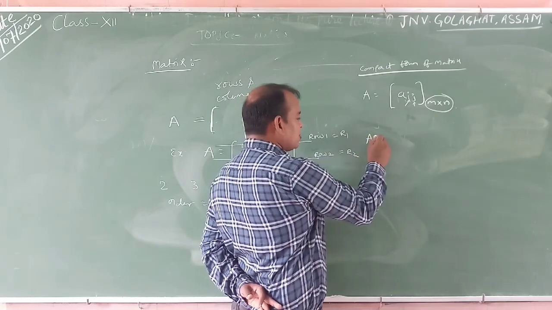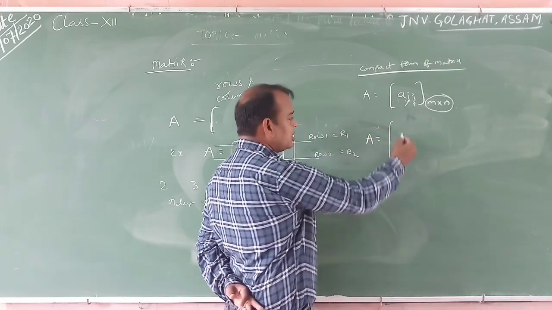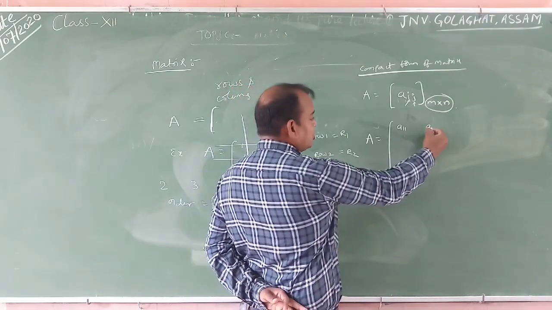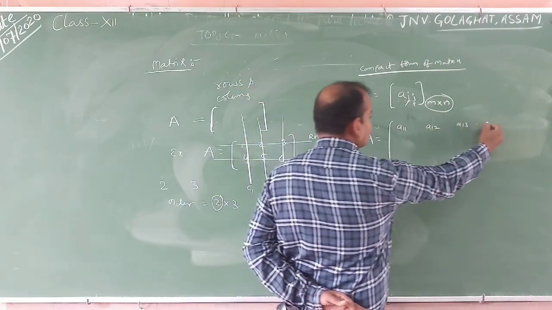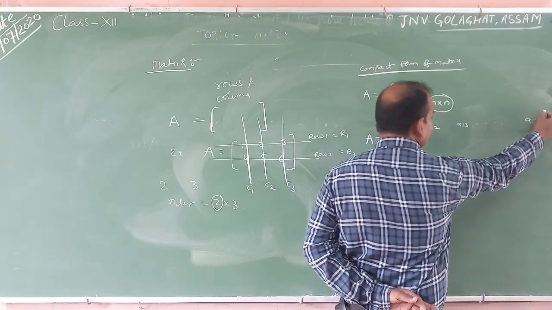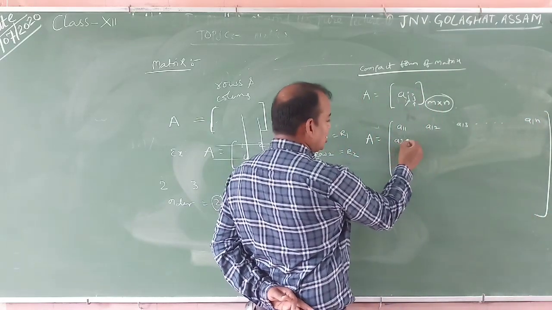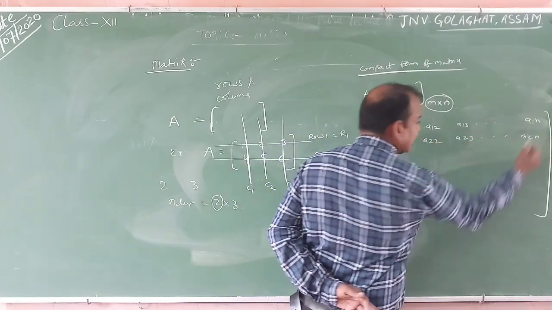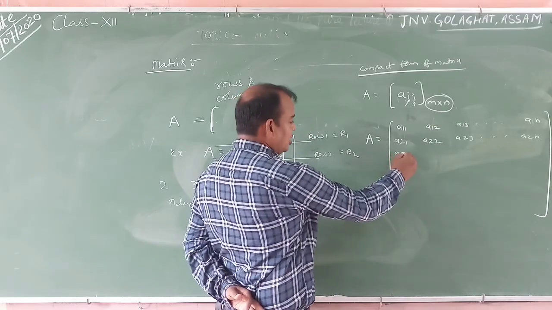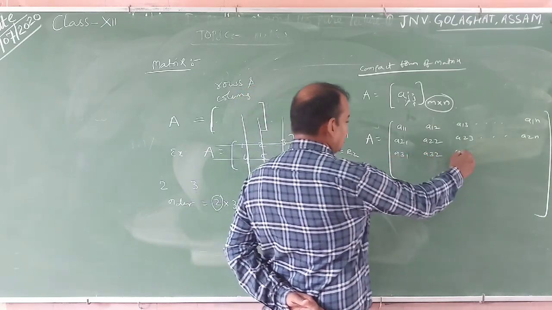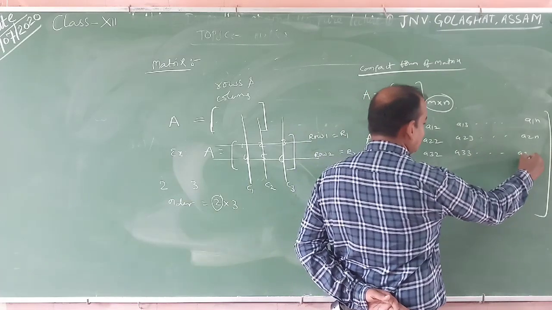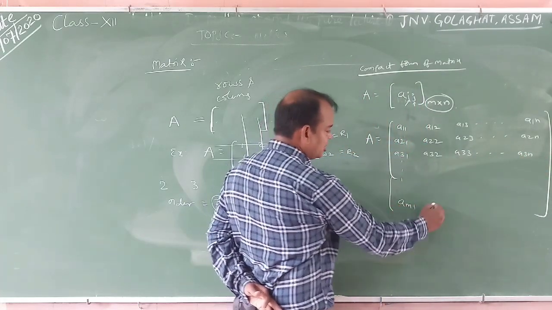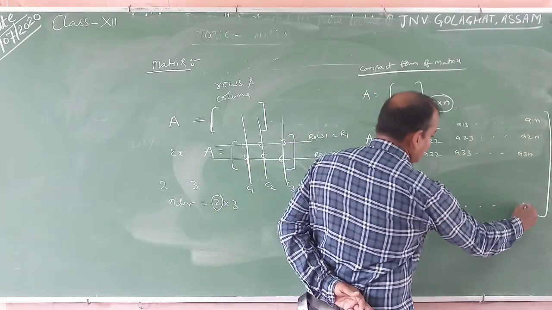Now, we expand the compact form, that is A11, A12, A13, and so on, A1n, A21, A22, A23, so on, A2n, A31, A32, A33, so on, A3n, up to M rows, AM1, AM2, so on, AMN.